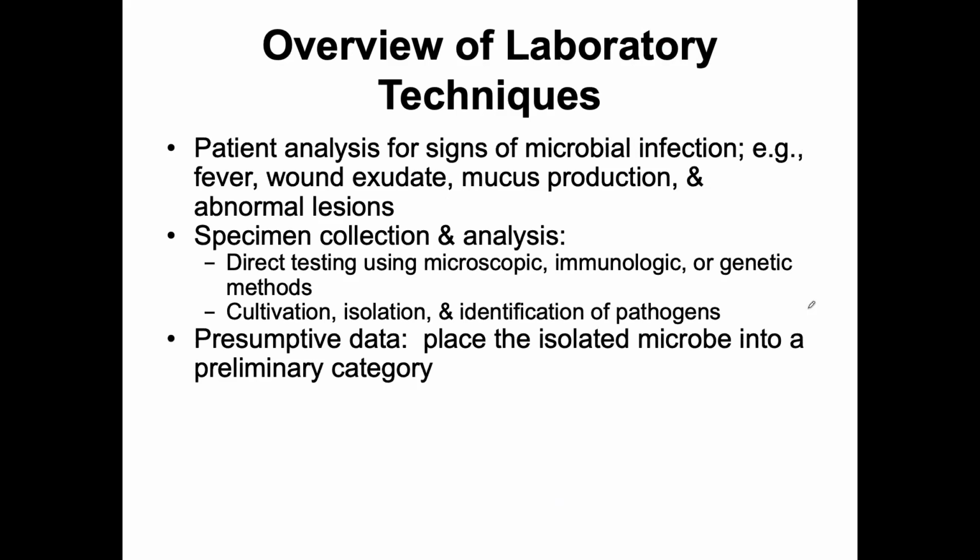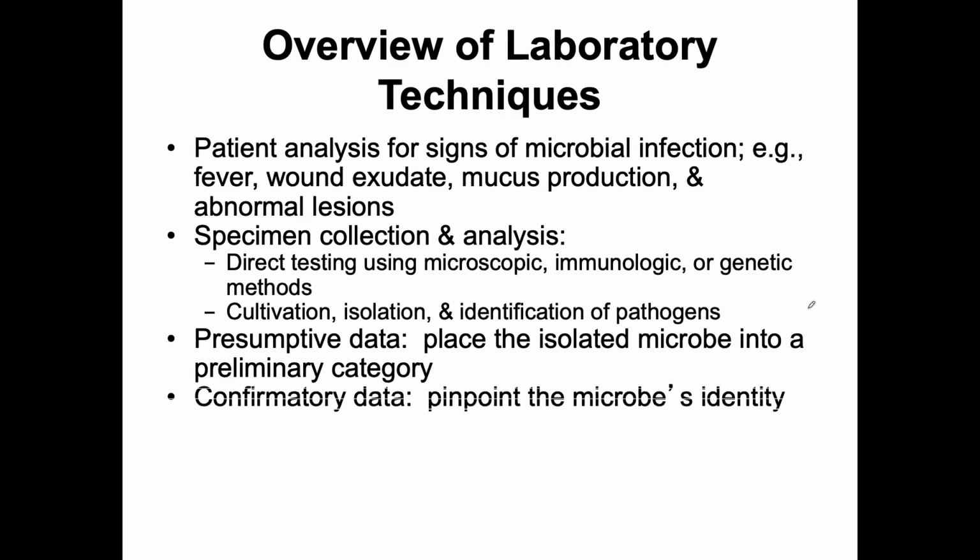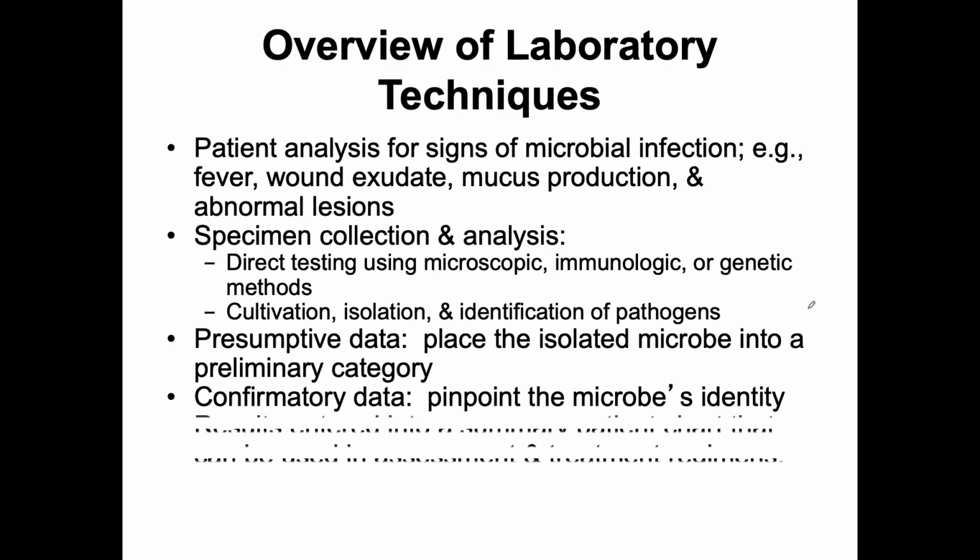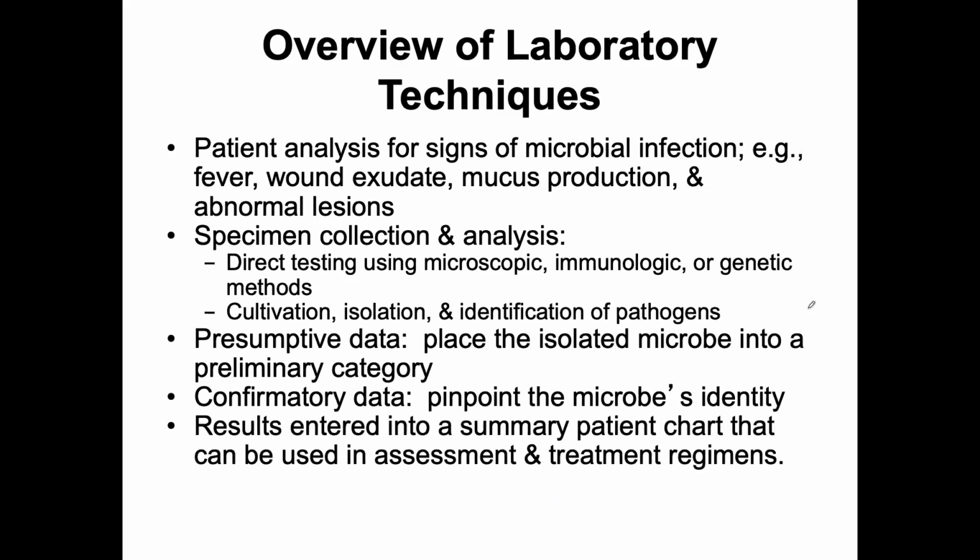Presumptive data are placing the isolated microbe into a preliminary category, and confirmatory data nail down what it is that's making you sick. The results are entered into a summary patient chart that can be used in assessment and treatment, so that the doctor is able to select the right drug to knock the infection down.